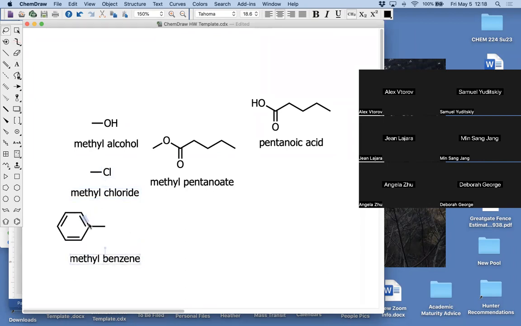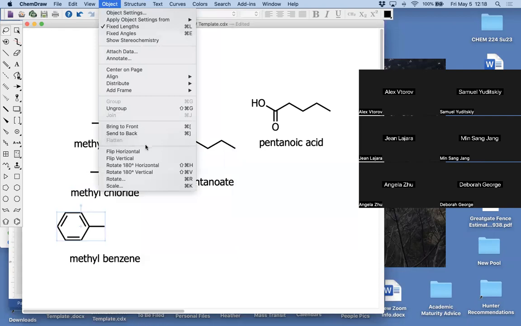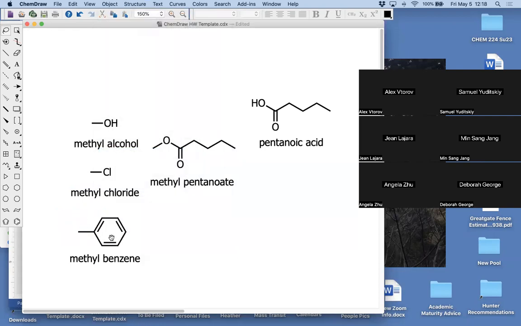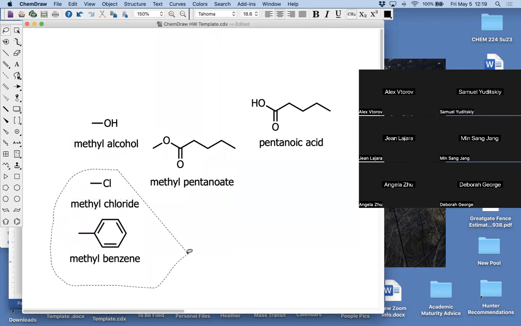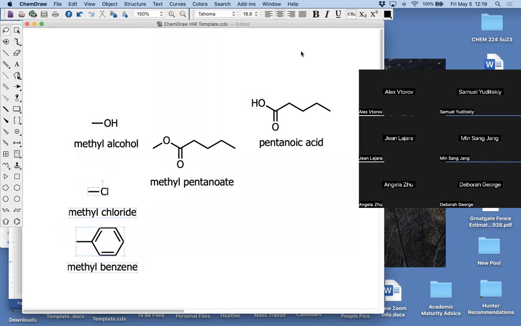Okay, I'm showing it here with the alcohol, but the methyl occurs in methyl chloride. The methyl occurs in the less common name methylbenzene. It's the methyl as in a substituent. So that methyl substituent name occurs in the name of the ester.